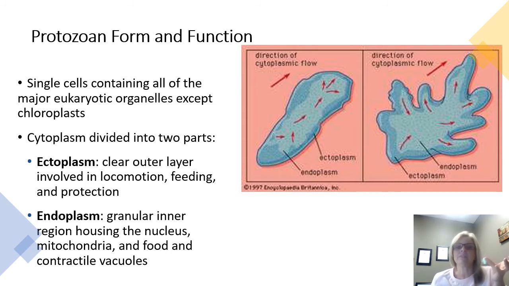The ectoplasm is going to function in locomotion, feeding, and protection, while the endoplasm is going to house the mitochondria, food, and contractile vacuoles. Some protozoa even have organelles that are like a primitive nervous system that helps to coordinate their movement.